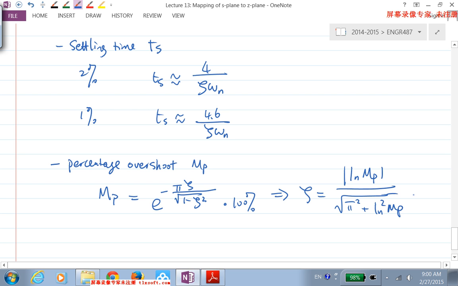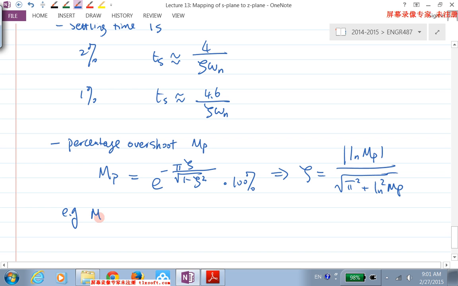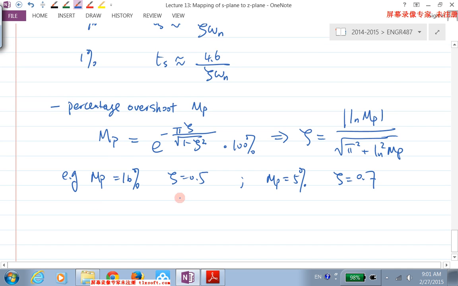For example, if MP is 16%, you get zeta of 0.5. If MP is 5%, your zeta is about 0.7. As a control engineer, you often want to bear that in mind: a damping ratio of 0.5 for a second order system corresponds to approximately 16% overshoot.